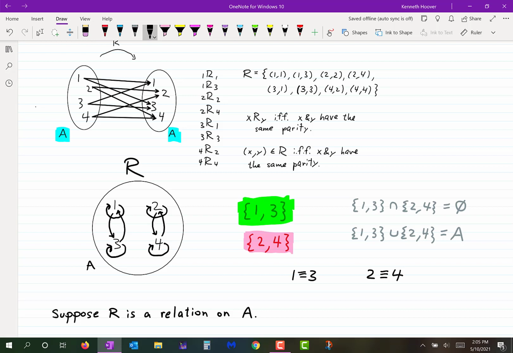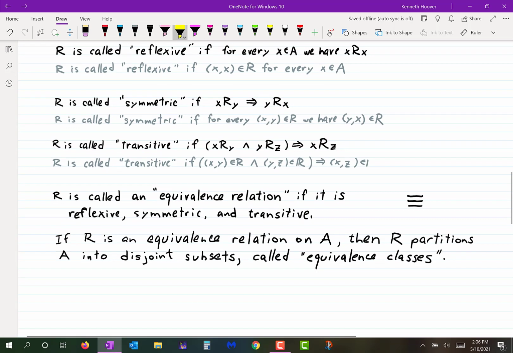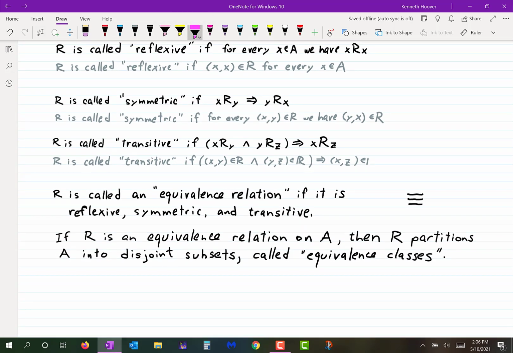Okay, and I said 4 is equivalent to 2, but I could have just as easily said that 2 is equivalent to 4. Okay, now the only drawback to this symbol right here, that's just a generic symbol for equivalence relation. It doesn't actually portray to you what the relation is. If I wrote that, you have no way of knowing that that relation is having the same parity. For all you knew, that relation might have been, well, I don't want to just make up something off the cuff. Okay, but you see what I'm saying? Equivalence relations, we have this generic symbol.